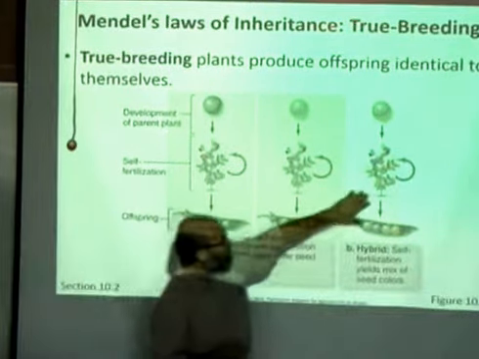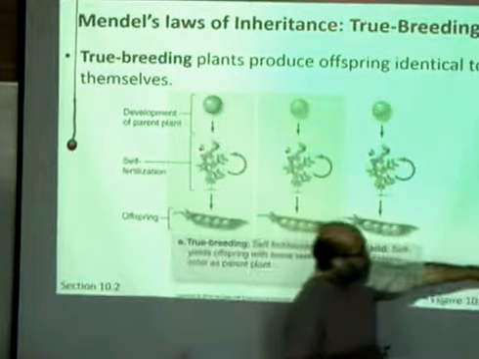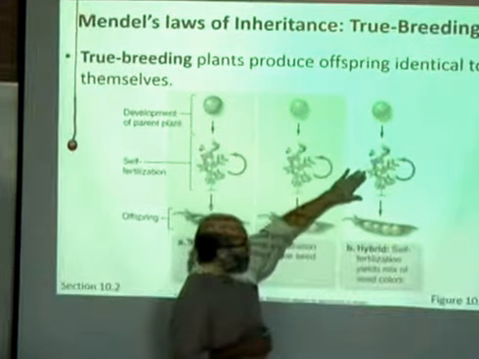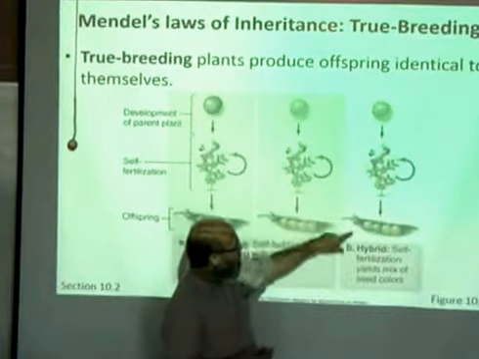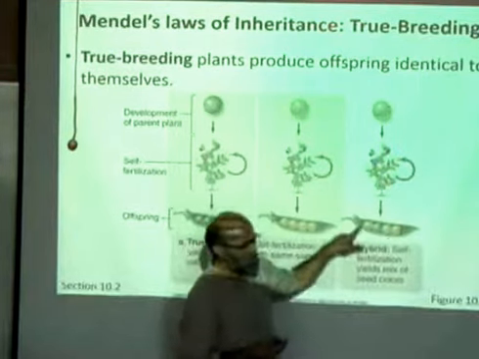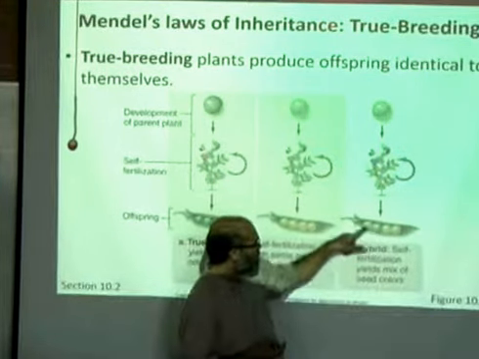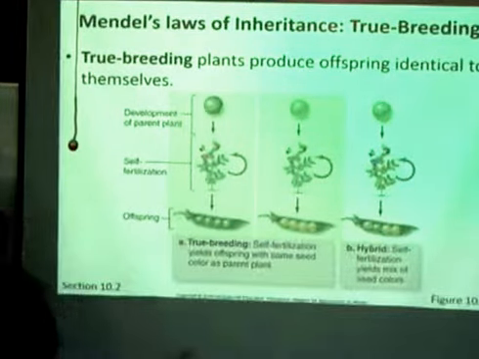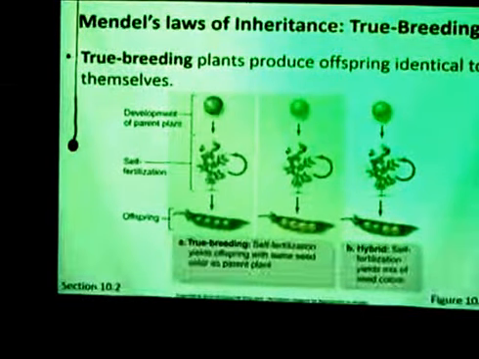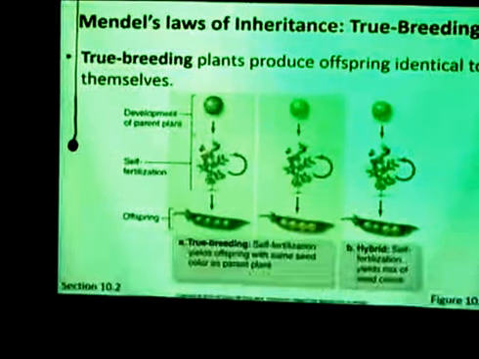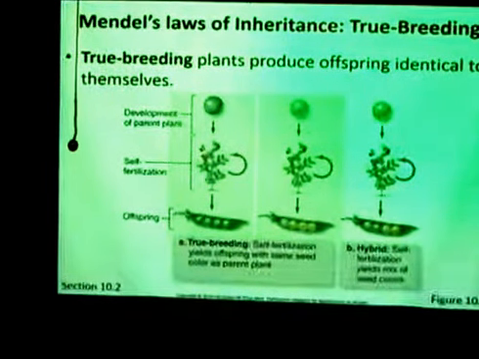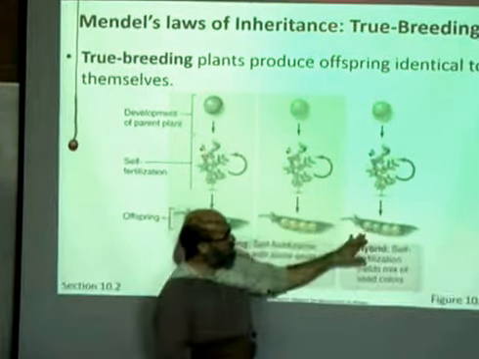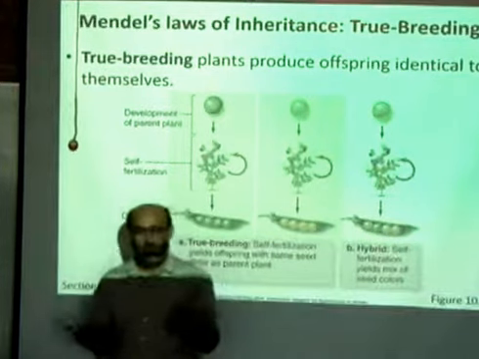But if you take pollens from a different flower and put them on a female flower, and at the end of the season you see a situation in which some of those are of one color and some of those are of a different color, that is called a hybrid, because two different flowers were used to pollinate the flower. So the result of that is the chromosomes got mixed with each other.